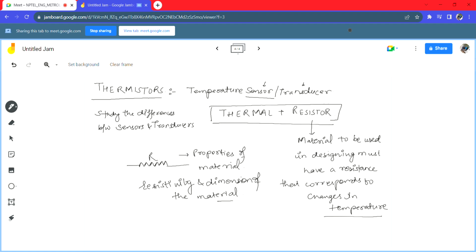For example, we know that resistance of a single element is rho L upon A, where rho is the resistivity of the material, L is the length, and A is the area. So if this is a material with resistivity rho, length L, and cross-sectional area A, we can say that for this piece the resistance is R.